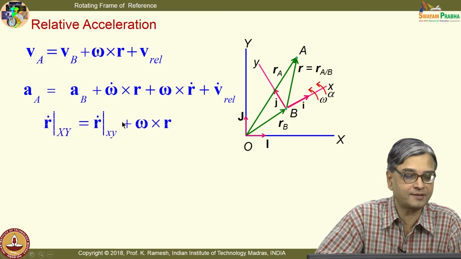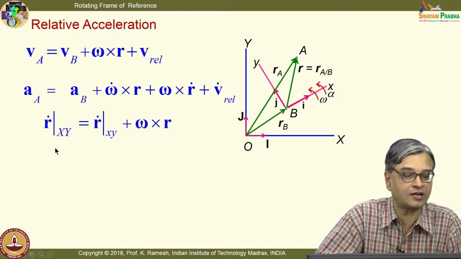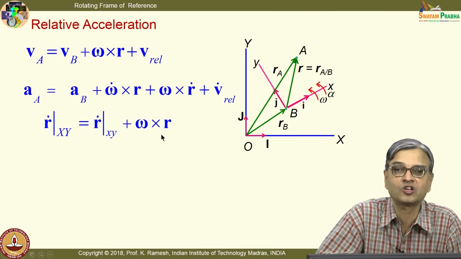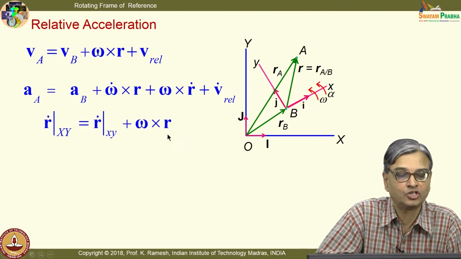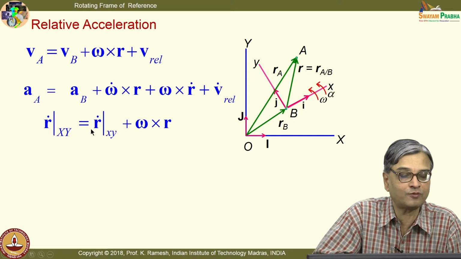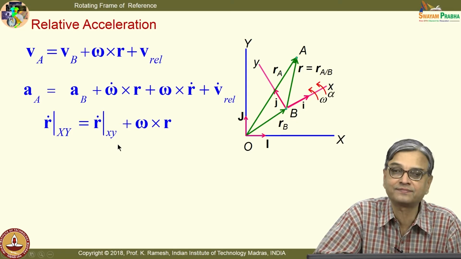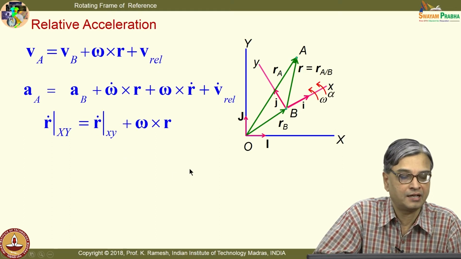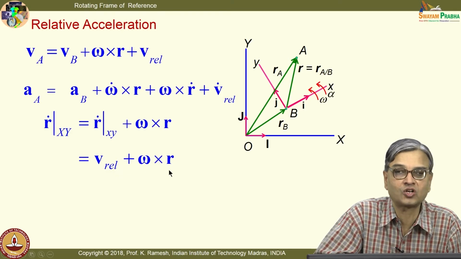I am going to do that systematically. I am going to recognize r dot capital XY equal to r dot small xy plus omega cross r. So, when I have this r dot, I am going to replace it like this. And we have already looked at what is r dot small xy. The other symbolism which we have used was V rel. So, I have this as V rel plus omega cross r.